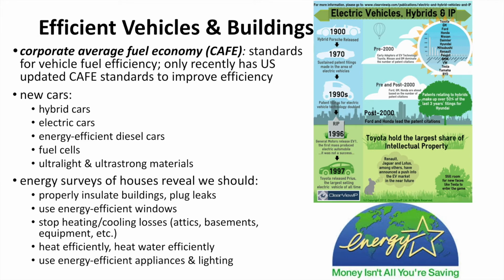So the corporate average fuel economy, or CAFE standards, are set by the federal government in conjunction with the EPA, but there's also a lot of other federal groups that are involved. And this is an example of one of these practices that is going to increase fuel efficiency for vehicles.